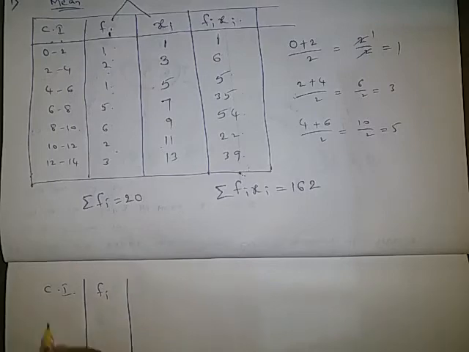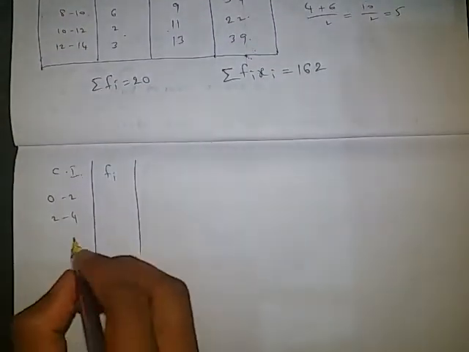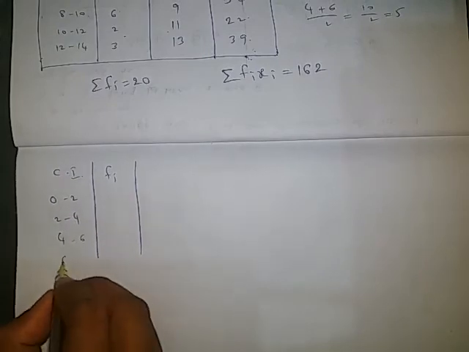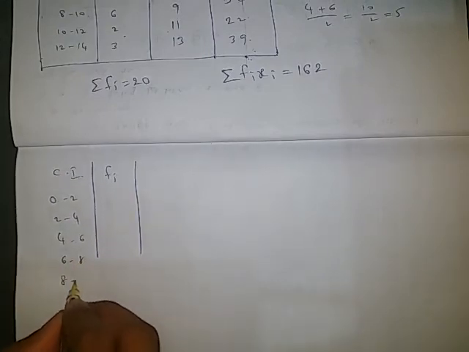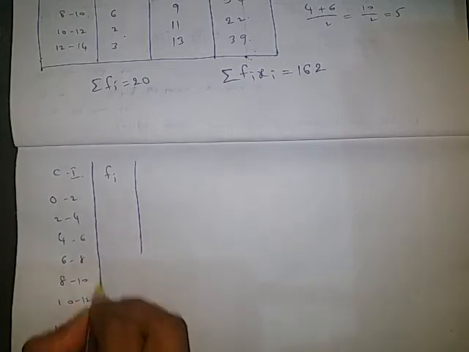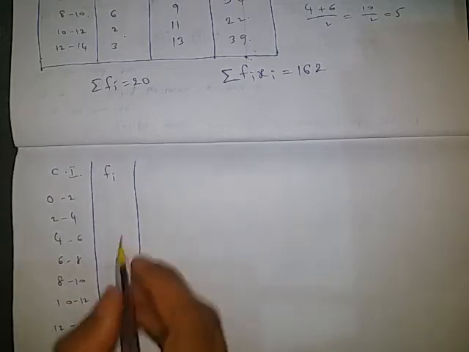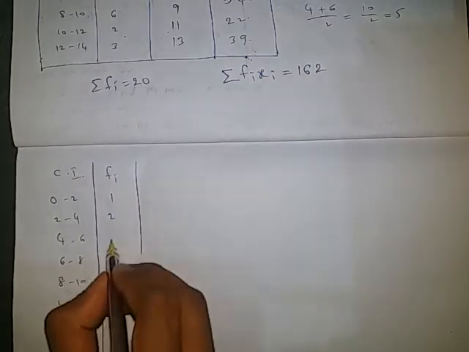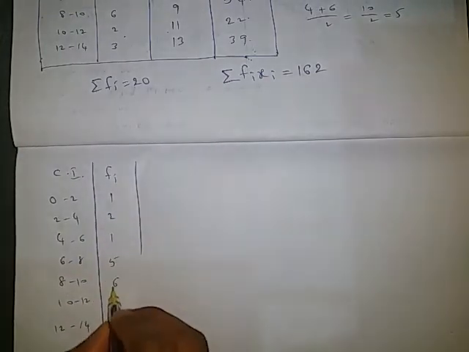First column: 0 to 2, 2 to 4, 4 to 6, 6 to 8, 8 to 10, 10 to 12, 12 to 14. Those are the class intervals. And the frequencies are given as 1, 2, 1, 5, 6, 2, 3.